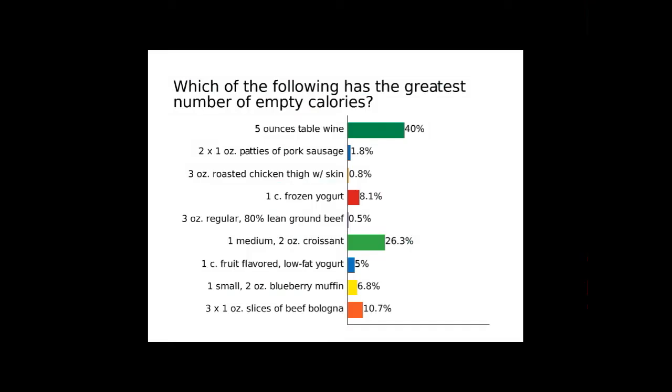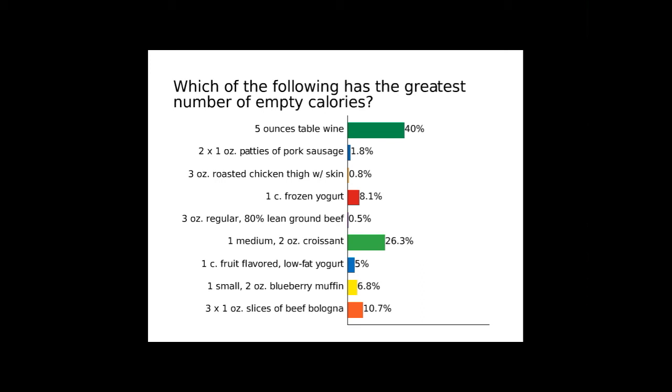So what did people say? Hopefully the results are up on everybody's screen there. A lot of people said the table wine, which is something some people would guess around here. And it looks like croissant is second.